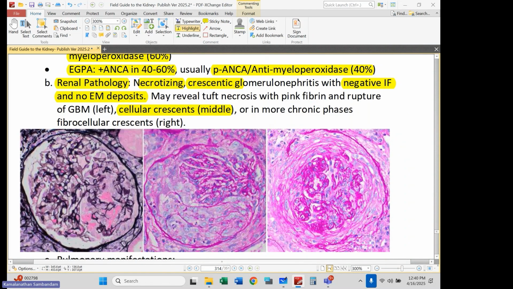But if you see no gap, then one would be more inclined to call this a crescentic glomerulonephritis. Okay, there's also typically a different appearance to the extracapillary hypercellularity. There may be proteinaceous droplets present in these extracapillary cells in collapsing glomerulopathy. You don't see that in cellular crescents. Now, you can also have more fibrocellular crescents in the chronic phase of these crescentic GNs.